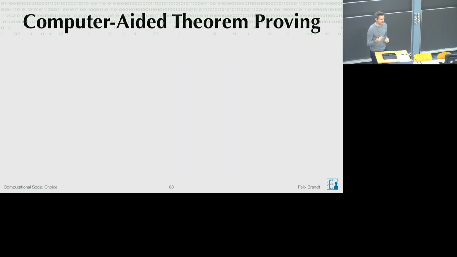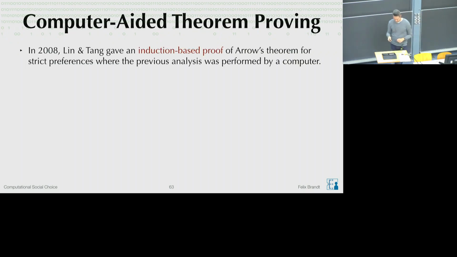Okay, and if you have such an induction step, then it remains to show the impossibility for only the smallest number of alternatives and voters, and that is what the computer did. Or if you want to phrase it the other way around, you can say it suffices to show that there's no such function for m equals 3 and n equals 2, because if there's no such function for this, according to the induction proof, which they did manually, so that means by thinking about this, there's also no such function for any larger m and n.